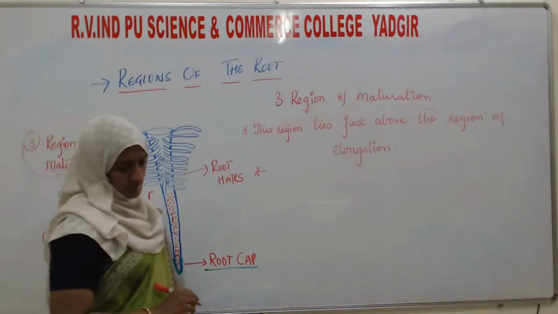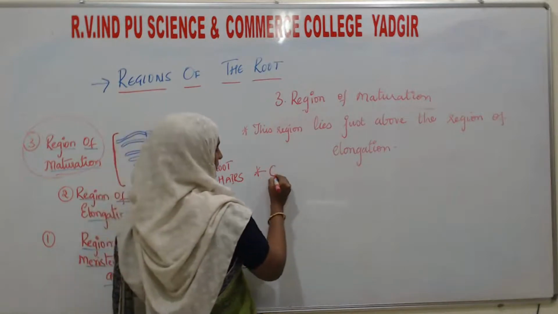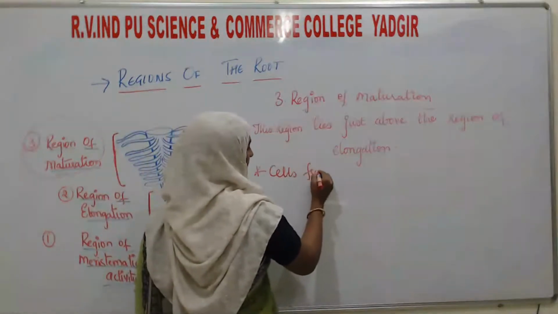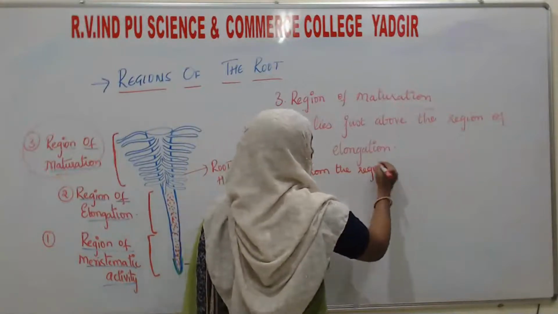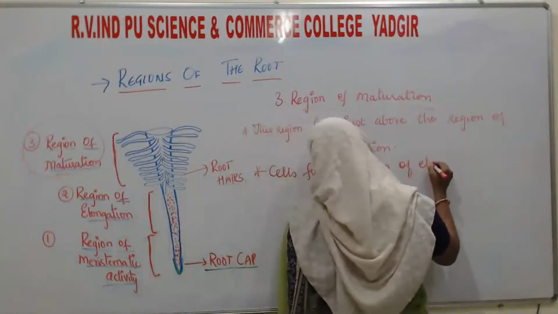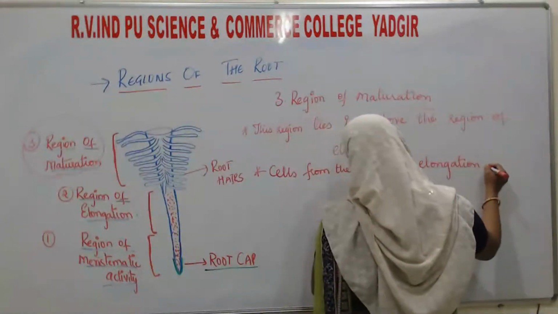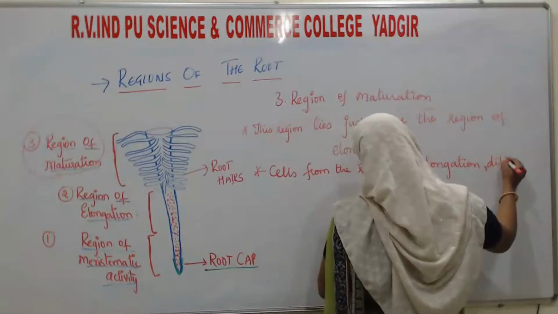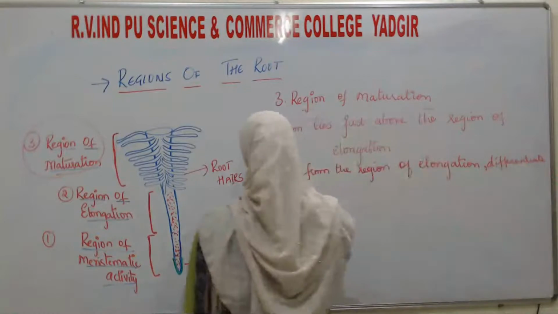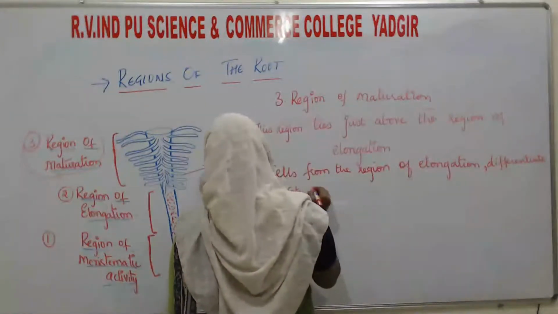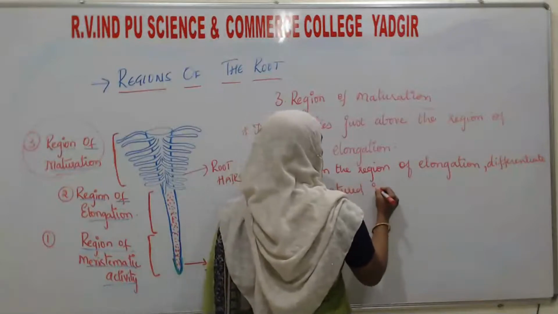So here the cells from the region of elongation differentiate and get matured in this region.